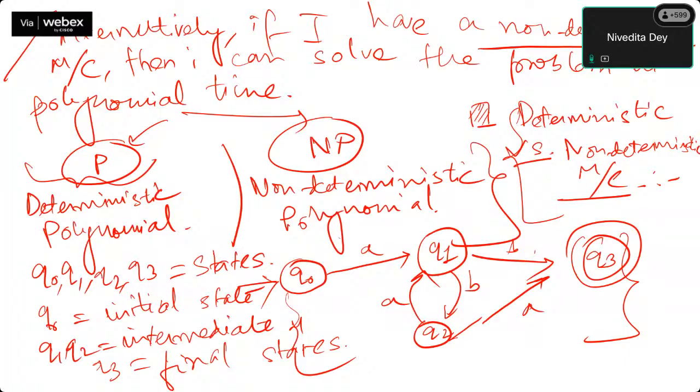If you notice here, from any state on having one particular input, you reach one particular state. Is there any discrepancy, any duality where from one state on having some input, you reach multiple states? No. So this kind of deterministic logic is known as a deterministic machine.